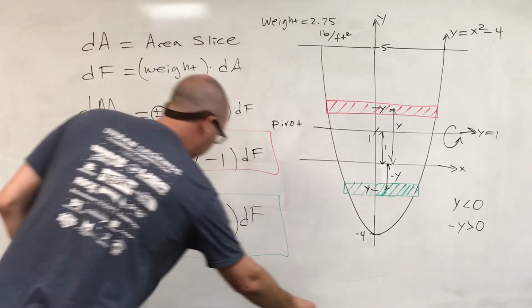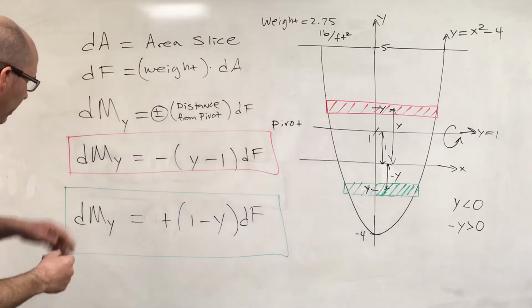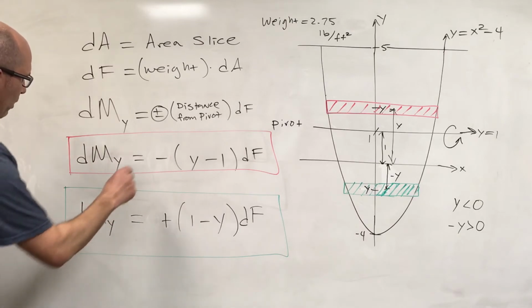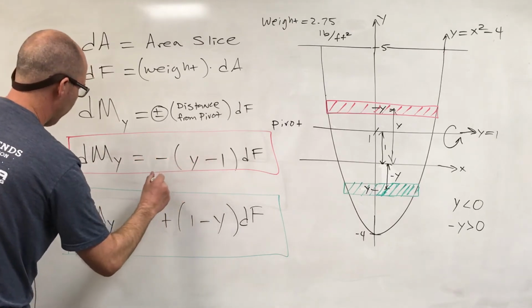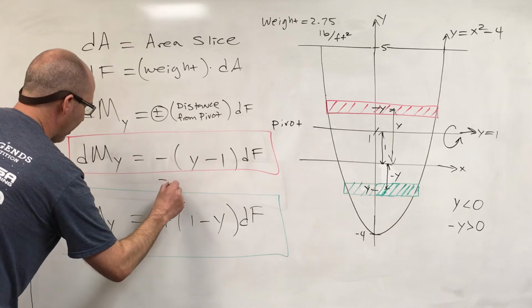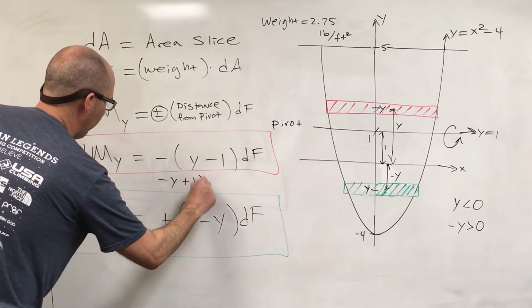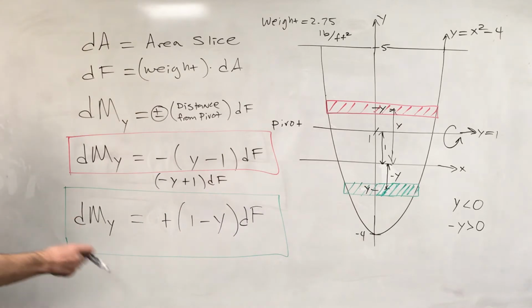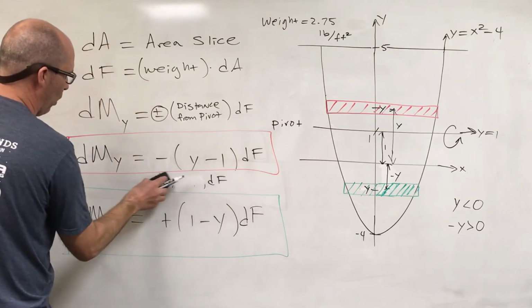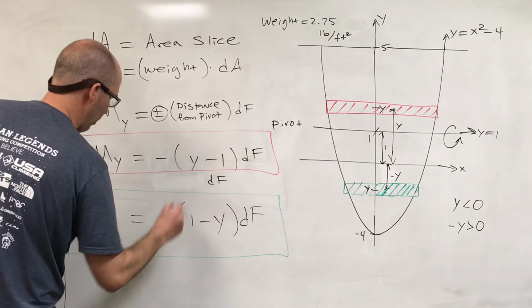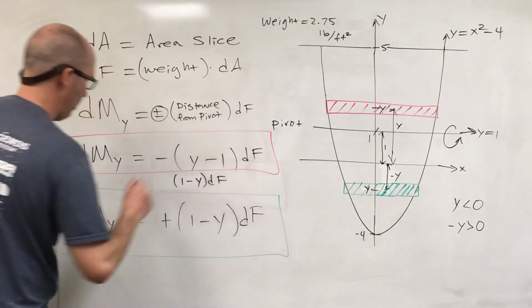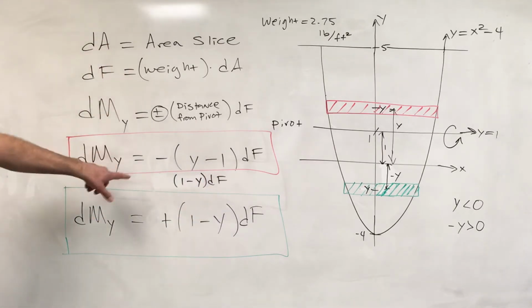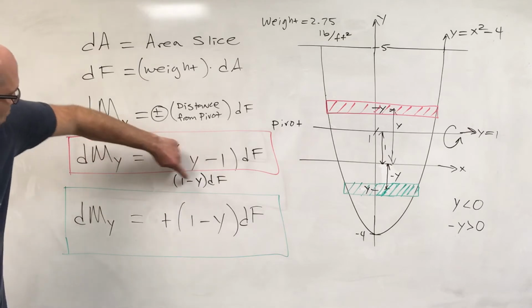Okay, now the thing to notice is, look here, negative y minus 1, that's negative y plus 1 df, which is 1 minus y. So in fact, you get the same thing. If you distribute that negative through, that's 1 minus y.